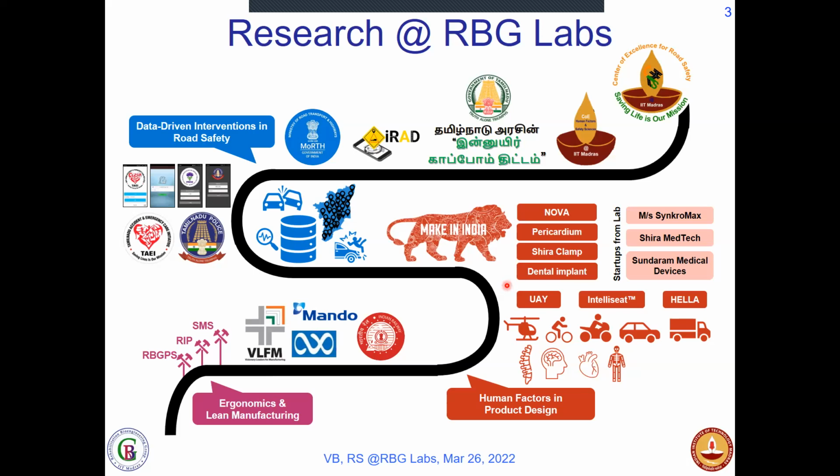So there were quite a few products that went from our lab, a patient monitoring system called Nova. Then there was xenogenic material. We had worked on processing bovine pericardium, to fight against the synthetic polymeric materials that were used as patches.